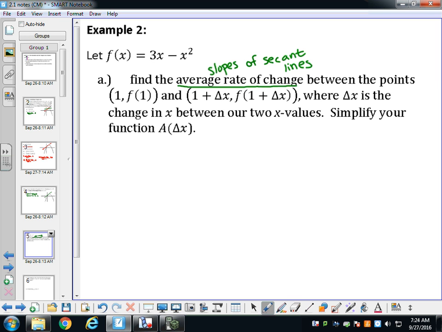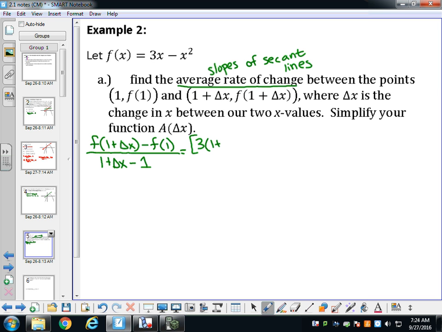All right, so we've got to work through some algebra here. If I want to do f of 1 plus delta x minus f of 1, all over 1 plus delta x minus 1, what I need to do in the first one is plug 1 plus delta x in wherever I see an x.